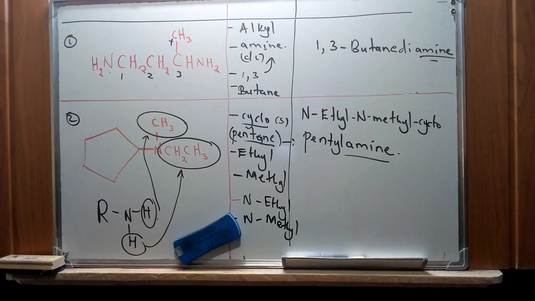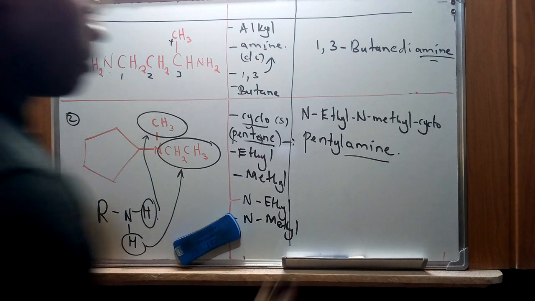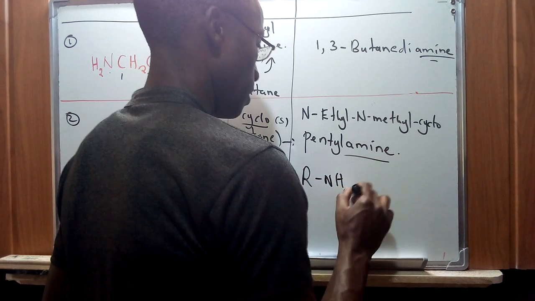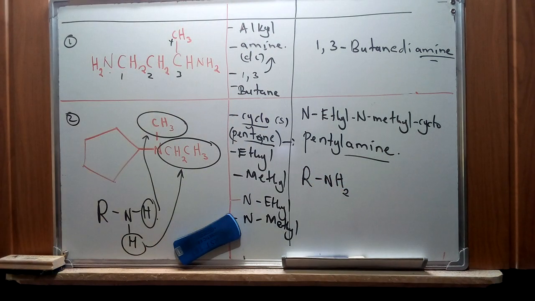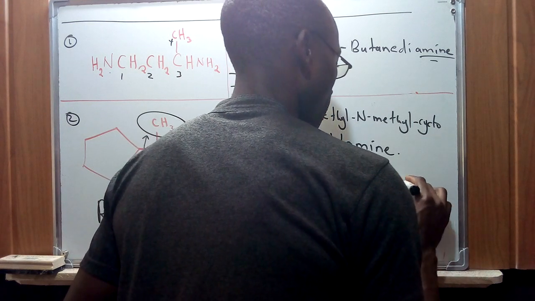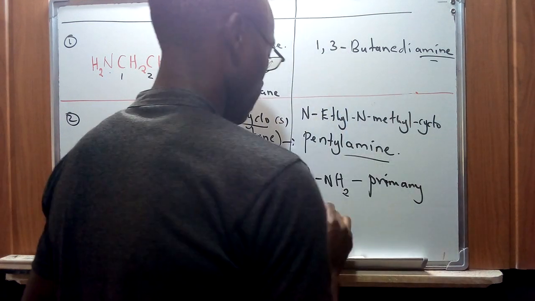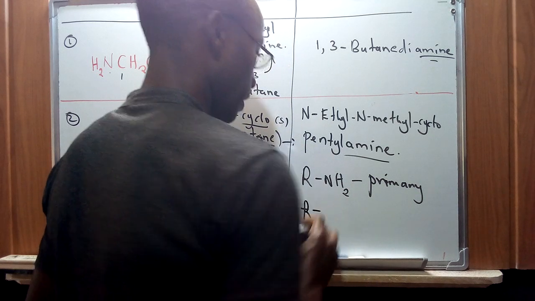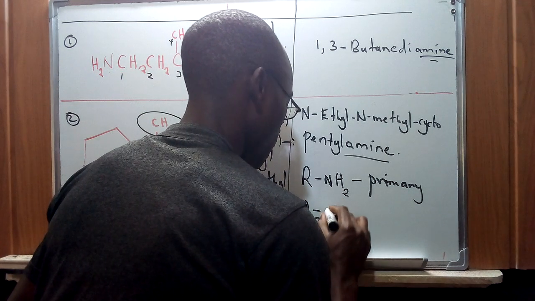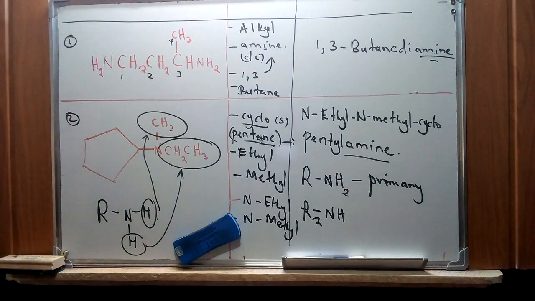So generally, classification of amines is an aspect we have not mentioned. There can be a case whereby there is a substitution of the NH2, whereby we have one radical group. This is going to form a class of amines known as primary amines. And then there's a degree of substitution whereby we are going to have R2NH, two radical groups that might be the same or different.